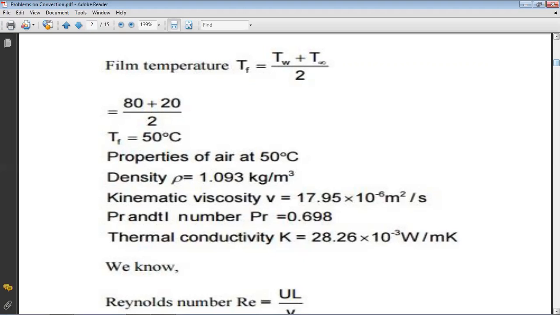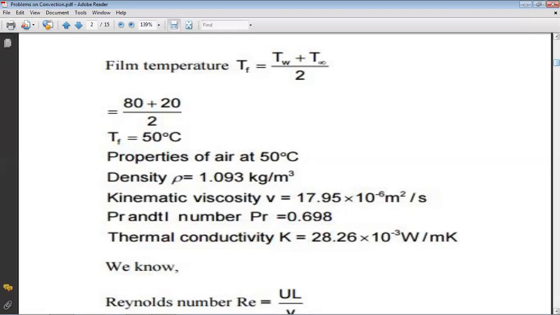Now you need to note down the properties of the fluid at film temperature. As the flowing fluid is air, you need to take the values of air at 50 degrees Celsius.